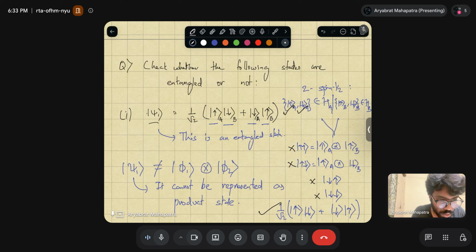So I guess you know this, a single spin half quantum system can be denoted by upstate and downstate. Do you get that right?